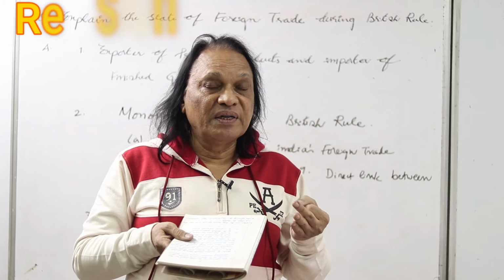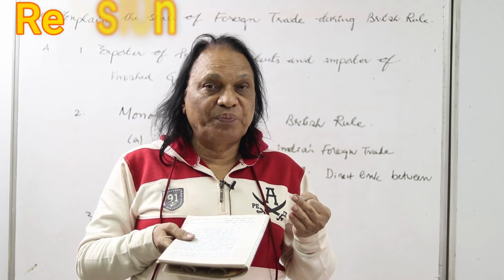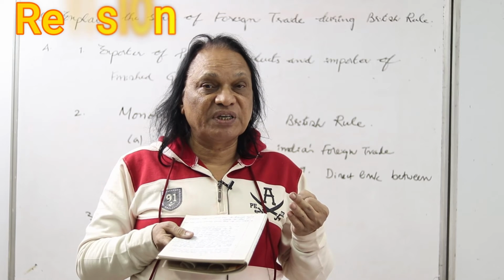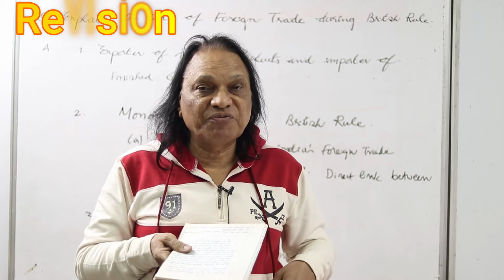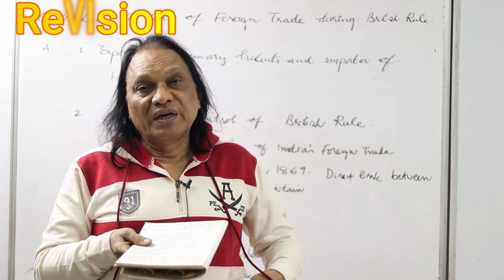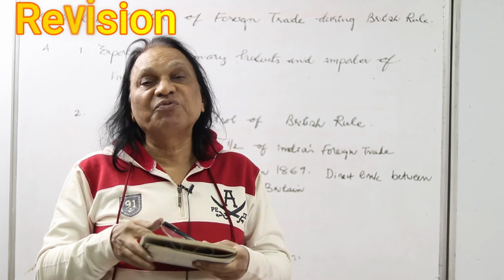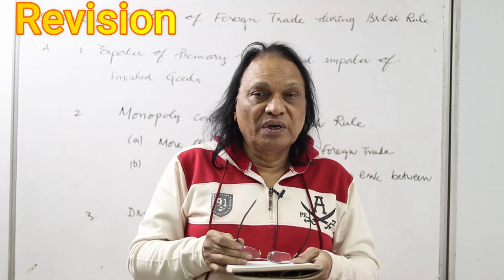And the last point, they drained Indian wealth to pay for their war expenses and to pay money for the staff they recruited in India and to pay for invisible items, that is services, which they are utilizing.